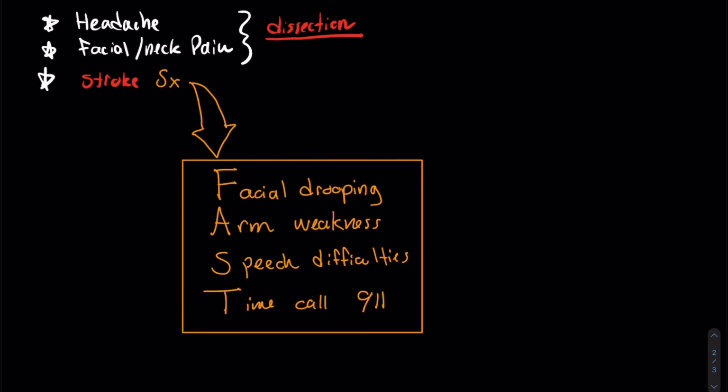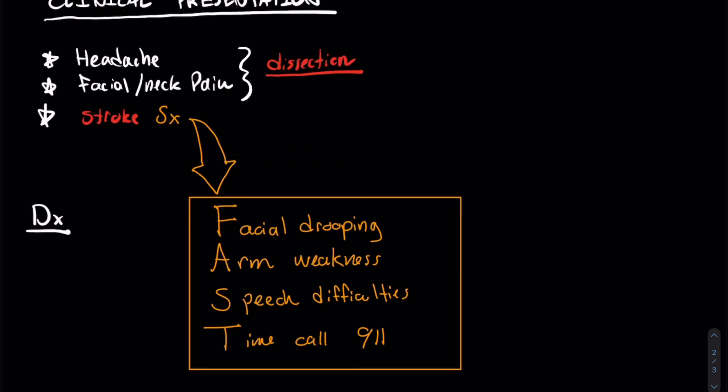And so keep in mind that these are the typical symptoms of stroke, and they usually happen on one side of the body, just because it's rare that both sides of the same artery are blocked at the same time. A dissection of the carotid artery is very hard to diagnose, especially if you don't have any stroke symptoms.